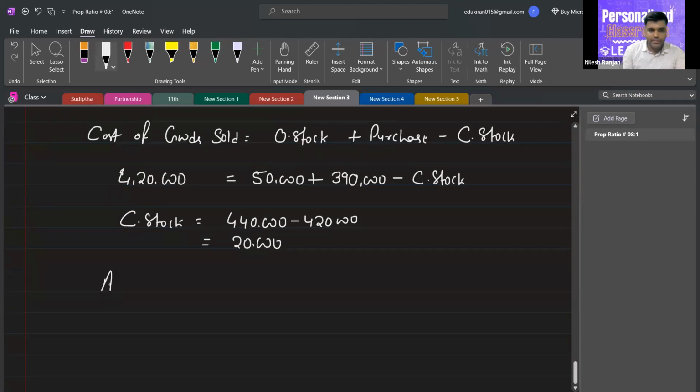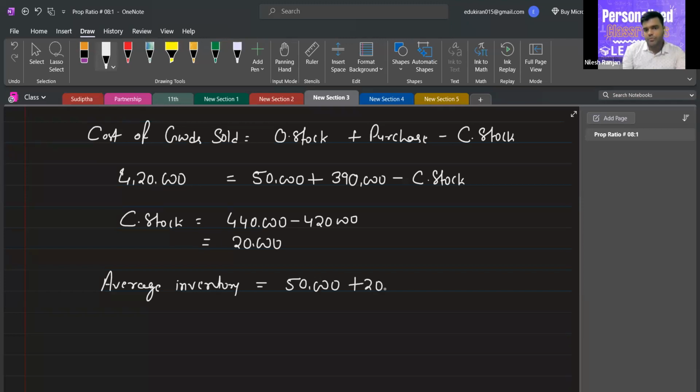Average inventory will be 50,000, that is opening stock, plus 20,000, divided by 2. So 70,000 divided by 2, we will get 35,000.